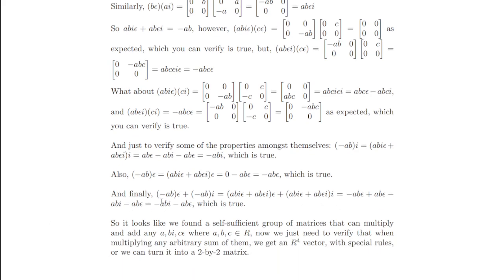And finally, negative AB times epsilon plus negative AB times I, which again to verify, plugging this in for negative AB and plugging in for negative AB here, we multiply by epsilon, this goes to 0. This actually goes to negative AB epsilon because epsilon I epsilon is negative epsilon. And then ABI epsilon I is AB epsilon minus ABI.